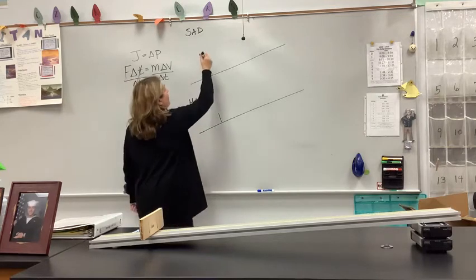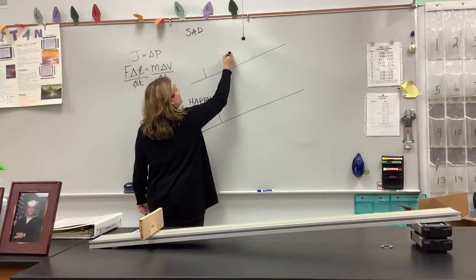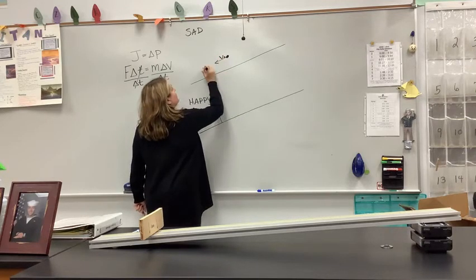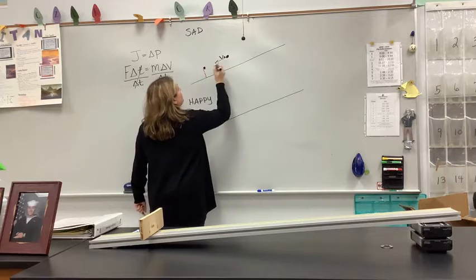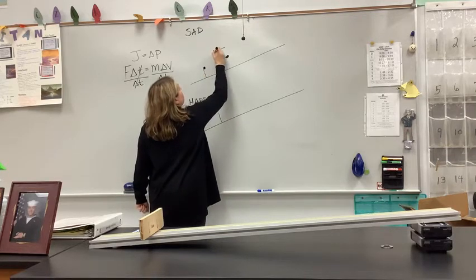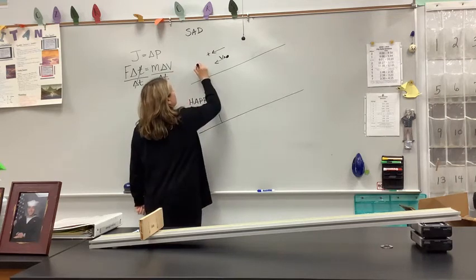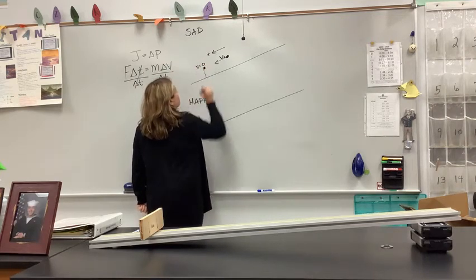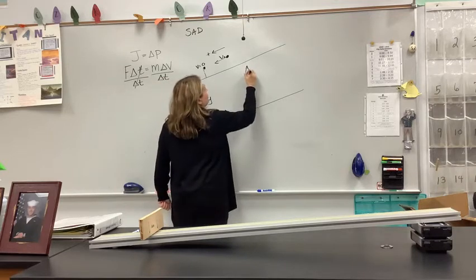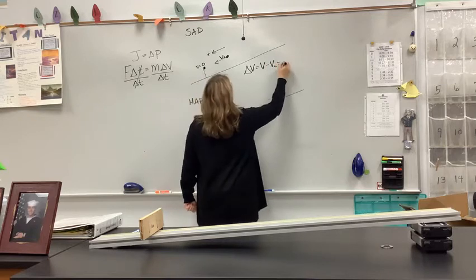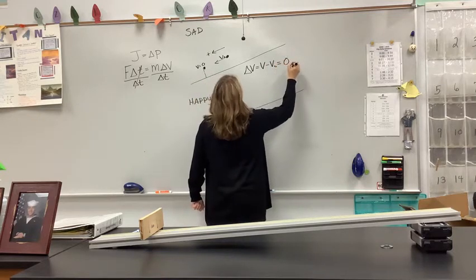For the sad ball, it initially had a velocity toward the board. And when it reached the board, it stopped. So if we say that initial velocity is positive, the final velocity is 0, the change in velocity, being the final velocity minus the initial velocity, would be 0 minus the initial.